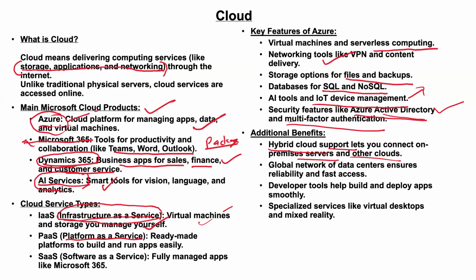It has a global network of data centers, and we have inbuilt developer tools which help us develop everything here. We can deploy the apps smoothly on this and push them to get published also. We can create virtual desktops and mixed environments on this platform.